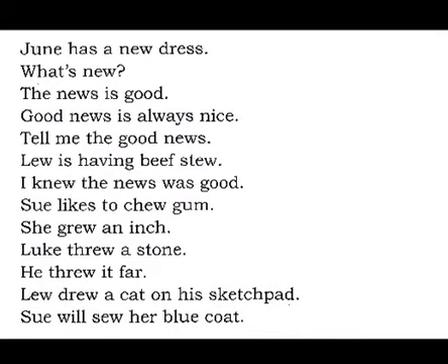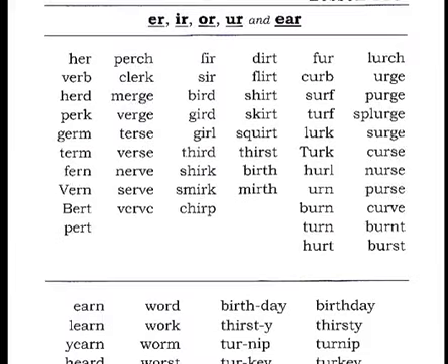Now we have another sound in English, the sound, and it can be spelled in English ER, IR, OR, UR, and EAR. And in lesson 118, we take up all these spellings.